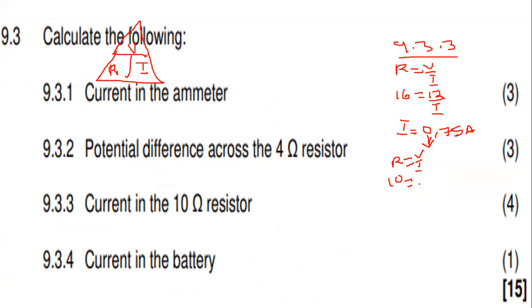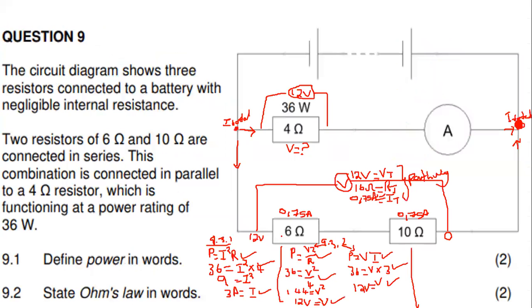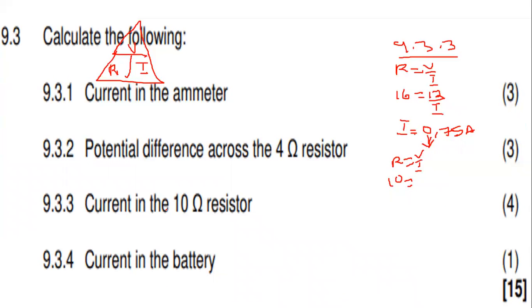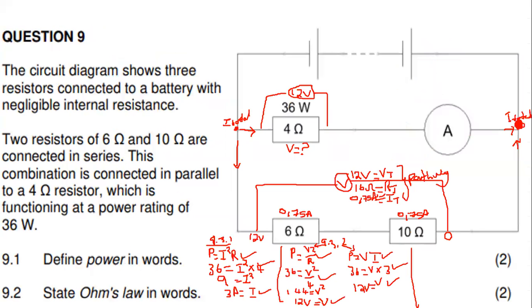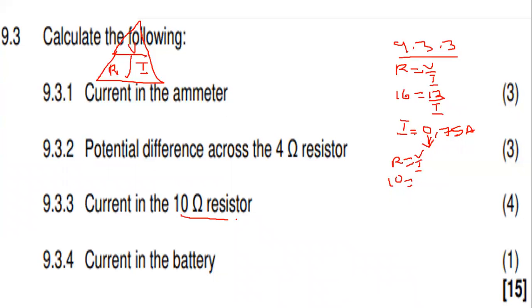The voltage, in fact, in my head now, I'm thinking we want the voltage across the 10 ohm resistor. We actually wanted the current in the 10 ohm resistor. And basically our calculation just ends there altogether.